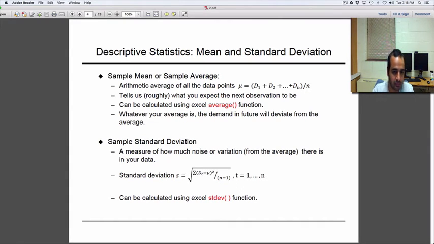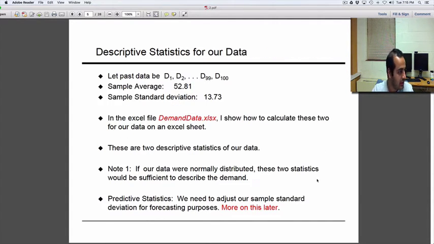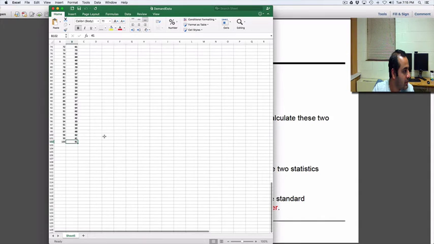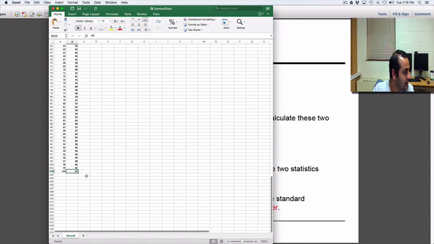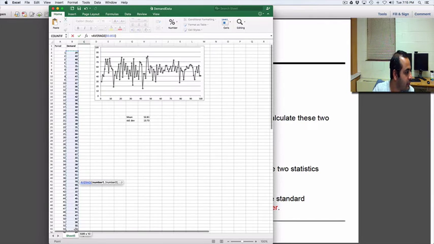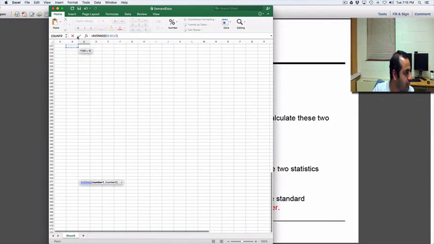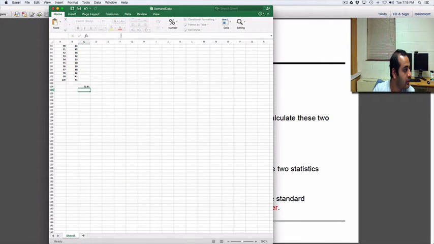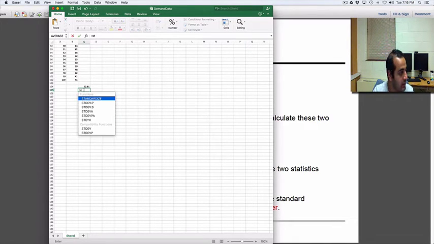Let me show this to you in Excel, and it's something you've seen before. All I did was get the average, which is 52.81, and to get the standard deviation I would use STDEV.